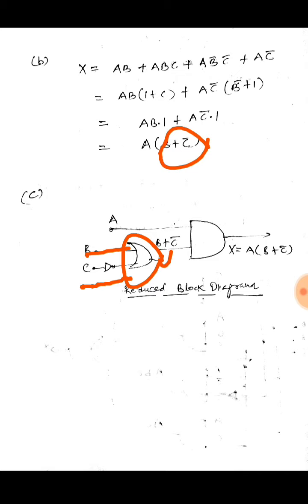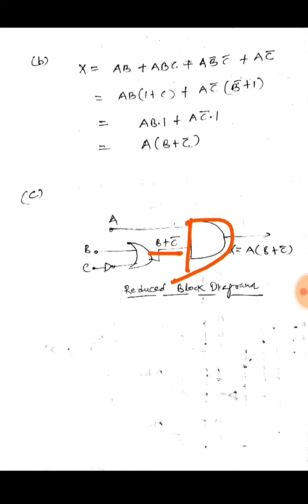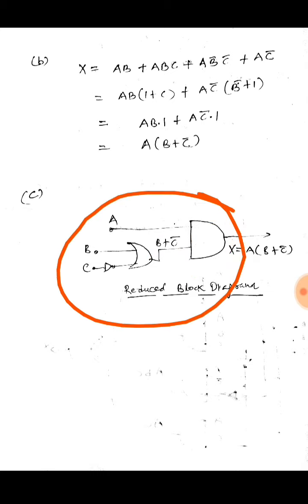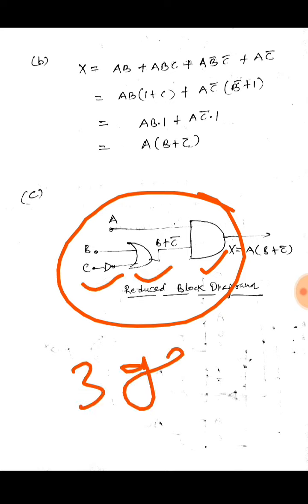Then I need to multiply it with A, so B plus C bar is given to an AND gate with A, which will multiply it. So now you can see I have used only 1 2 3, that is 3 gates only to represent the same function, whereas I was using 7 gates earlier to represent the same function.